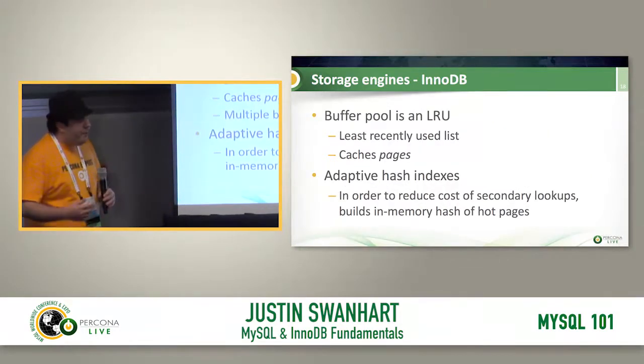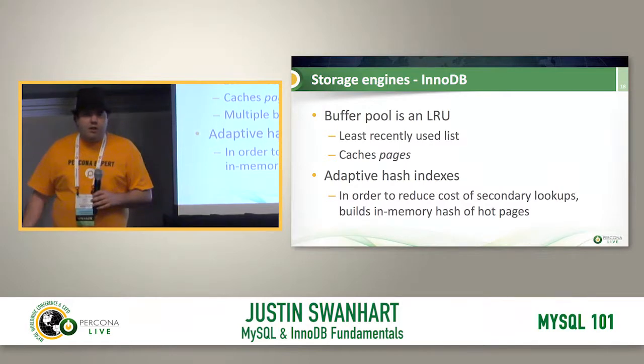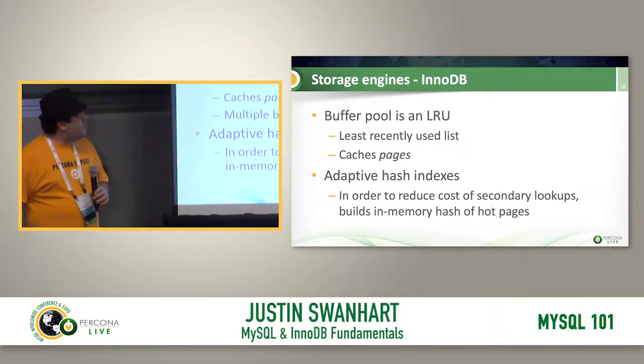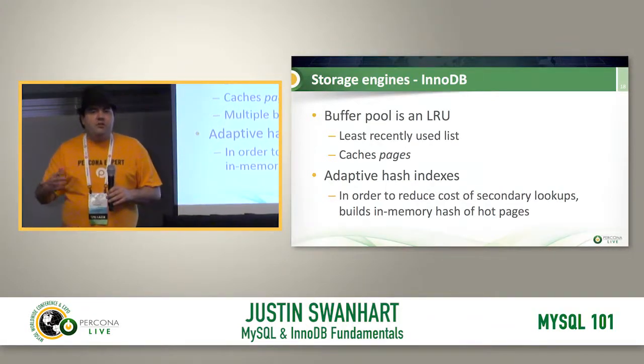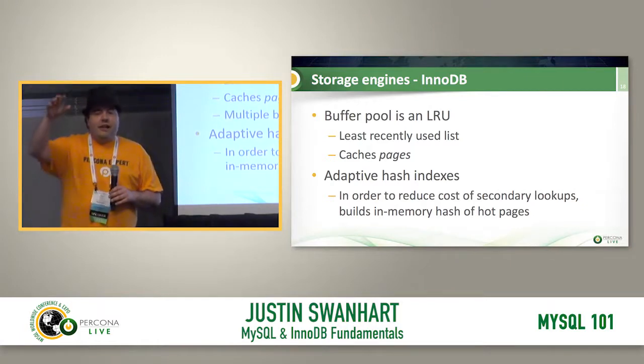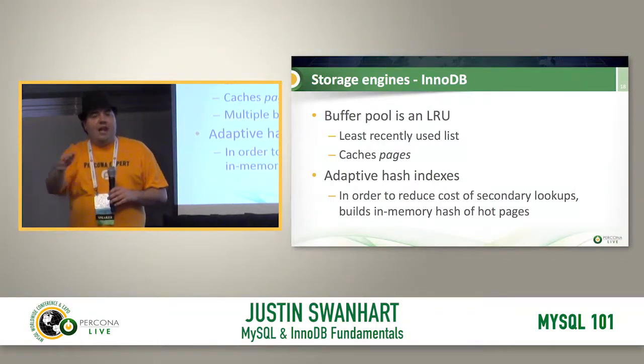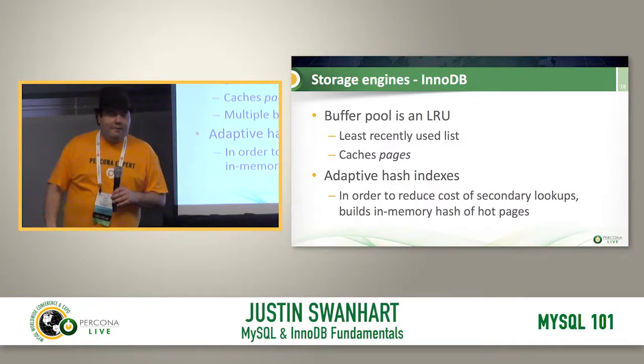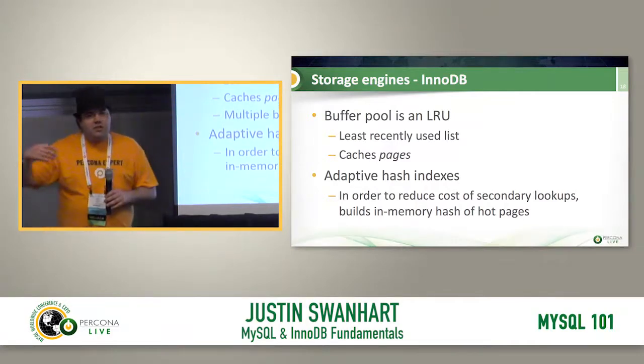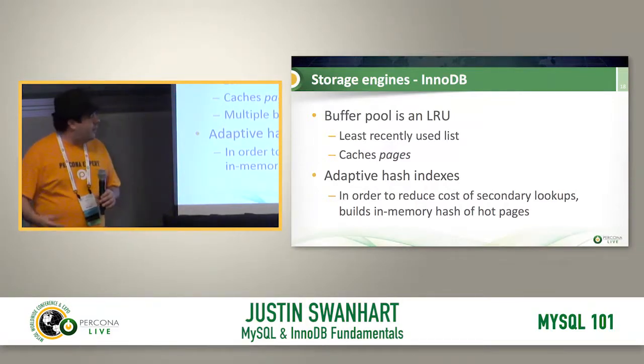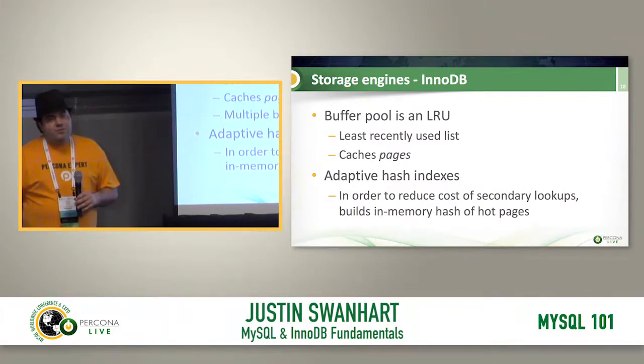So the buffer pool itself is a least recently used list. So it's a linked list of pages. When you access a page, it goes to the top of the list, and then it gets moved down the list. And if it's accessed again, it moves back to the top of the list again. There's a midpoint insertion strategy. It's innodb_old_blocks_pct.